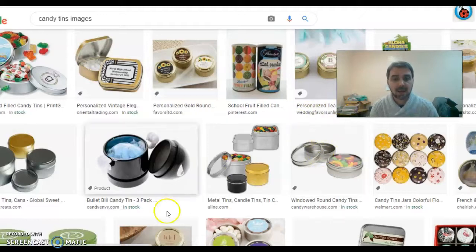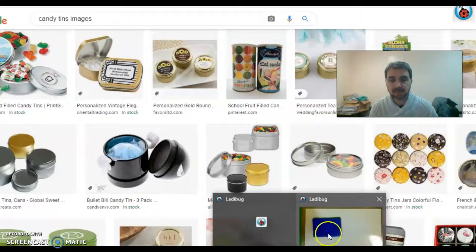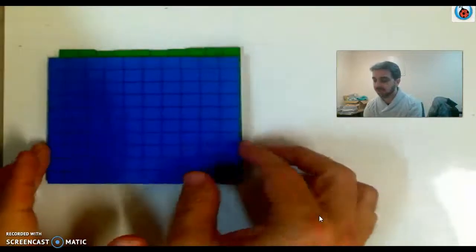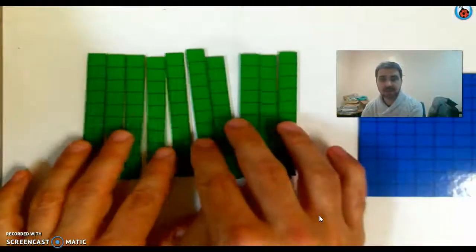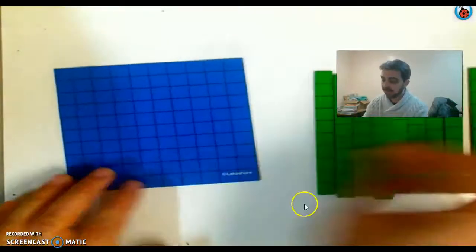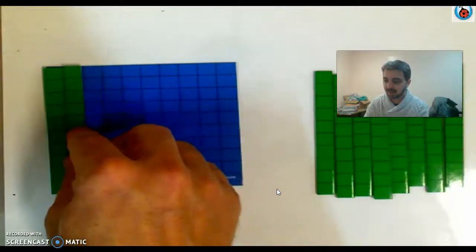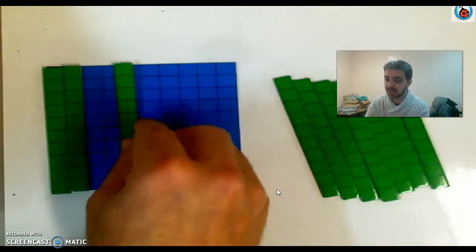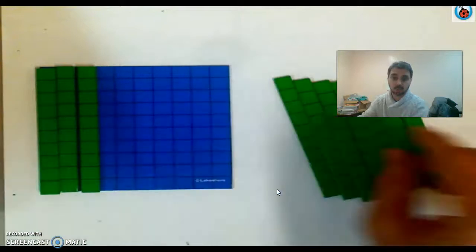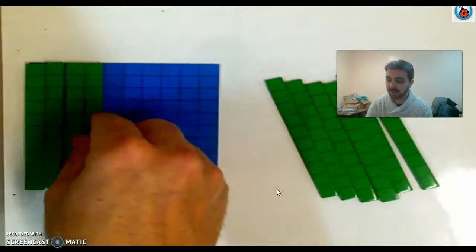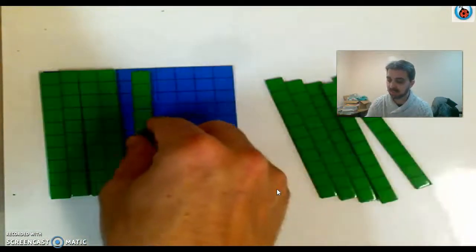And the thing about Bob is that you can fit the 10 bags, okay? Like if this is the tin, you can fit 10 bags inside the tin. So that, therefore, inside each tin, which is the blue, right, we could have 100 pieces of candy.